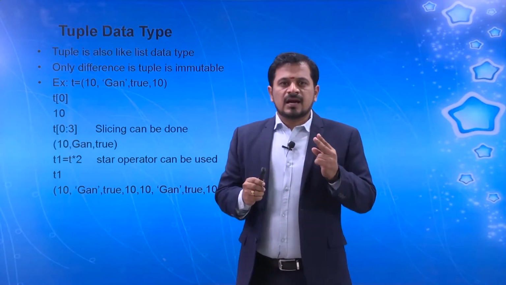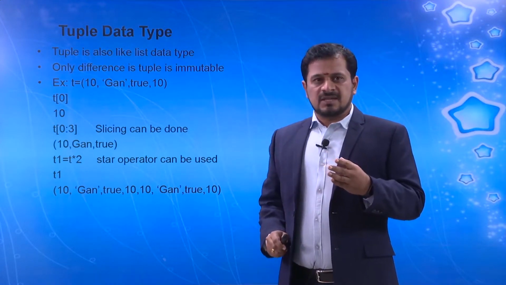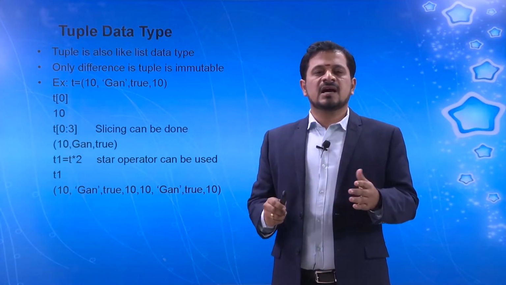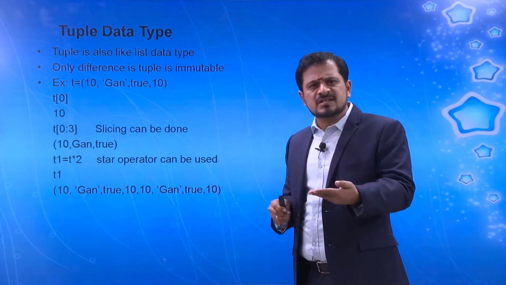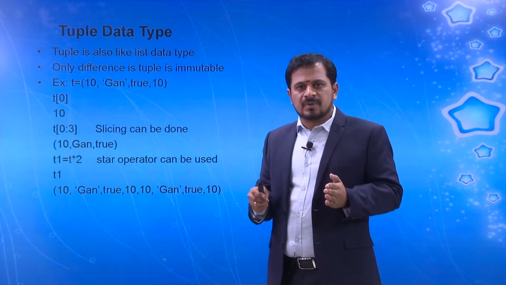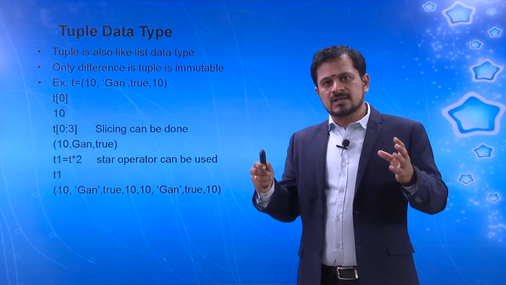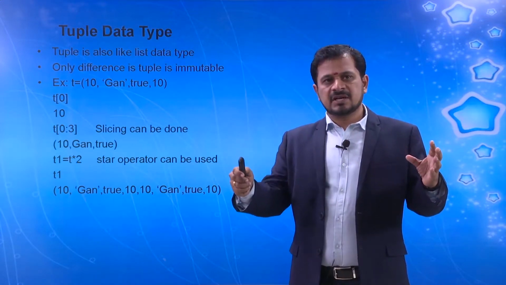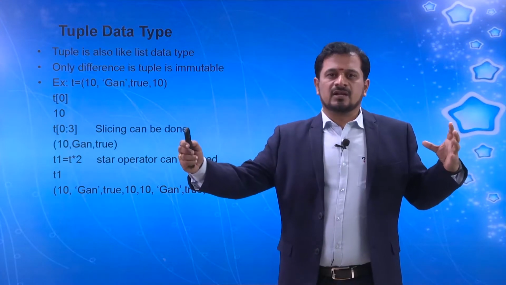There are another two important features we can use with the tuple data type: slicing can be done as well as the star operator can be used. What is slicing and what is the star operator? As we all know, if it is a list, byte, byte array or tuple data type, it is going to be a big array of data.